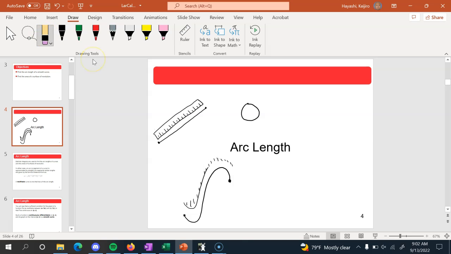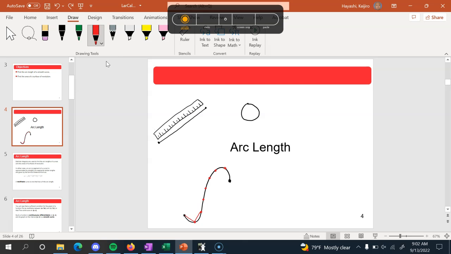And that way is going to be essentially dividing up the curve into a bunch of little segments, or little pieces of curve, and slowly, by adding more and more of these segments, approximating it with a series of straight line segments.